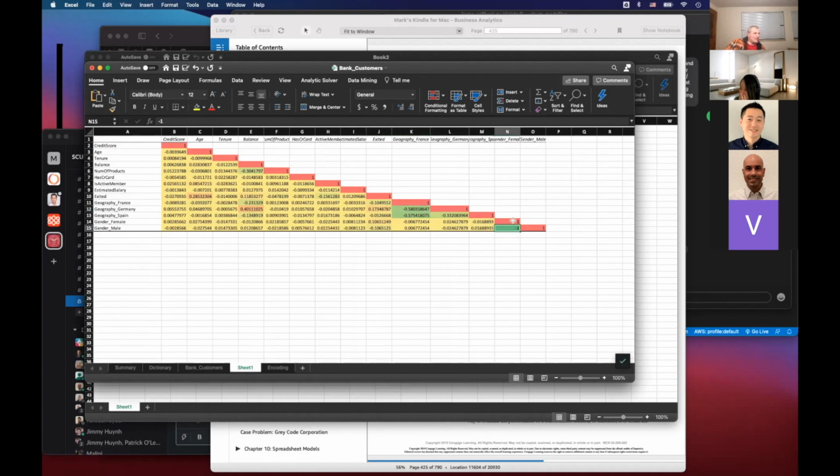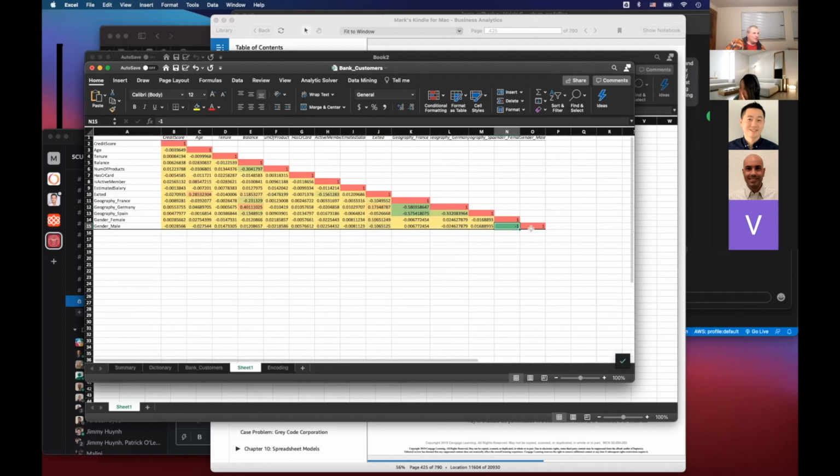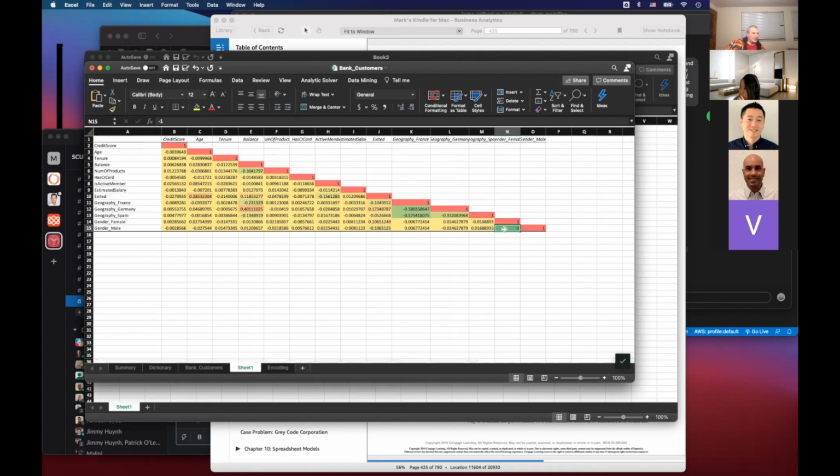Gender female is highly correlated with gender male. It's exactly inversely correlated, which is not surprising for this particular data sample, because if you weren't labeled one, you were automatically labeled the other. So they only had binary classification.